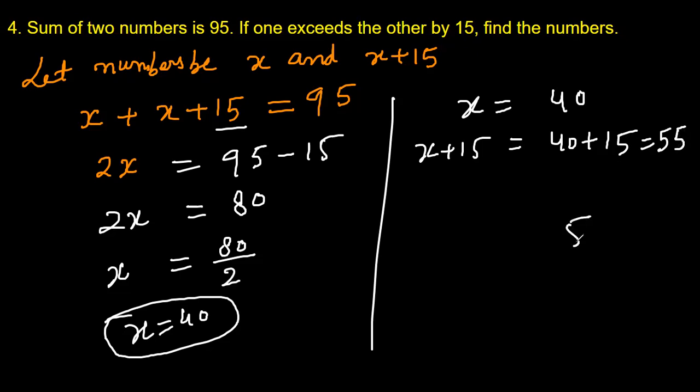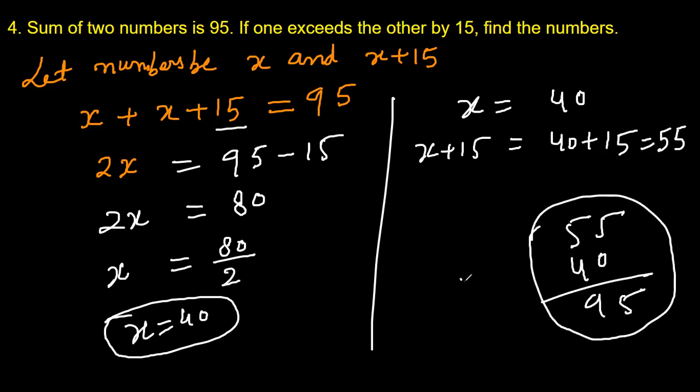Now see, if you add 55 and 40, their sum is 95, means your answer is correct. So you can actually verify your answers in these linear questions. Here, in this case, the two numbers are 40 and 55.